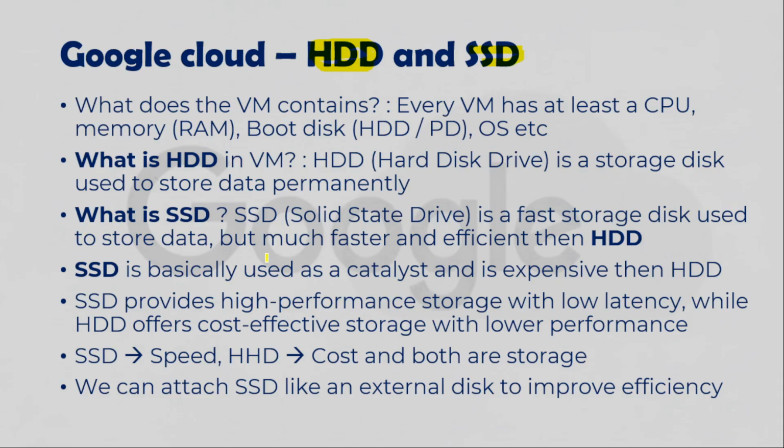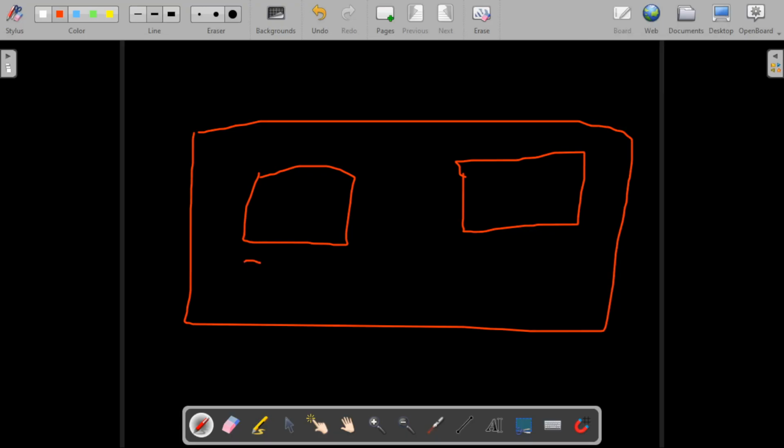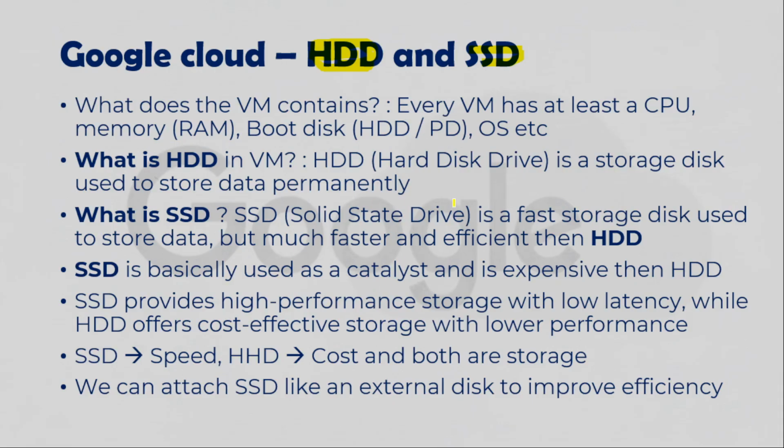In a VM, it's simply a storage disk, just like the hard disk in your laptop or your desktop. It is a kind of storage disk attached to your VM, just like the hard disk of your laptop. Make sense?